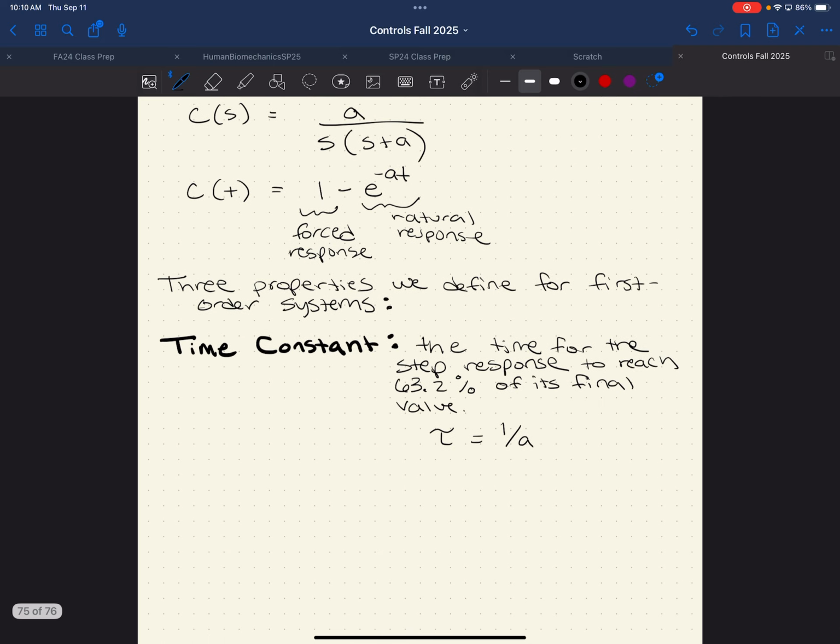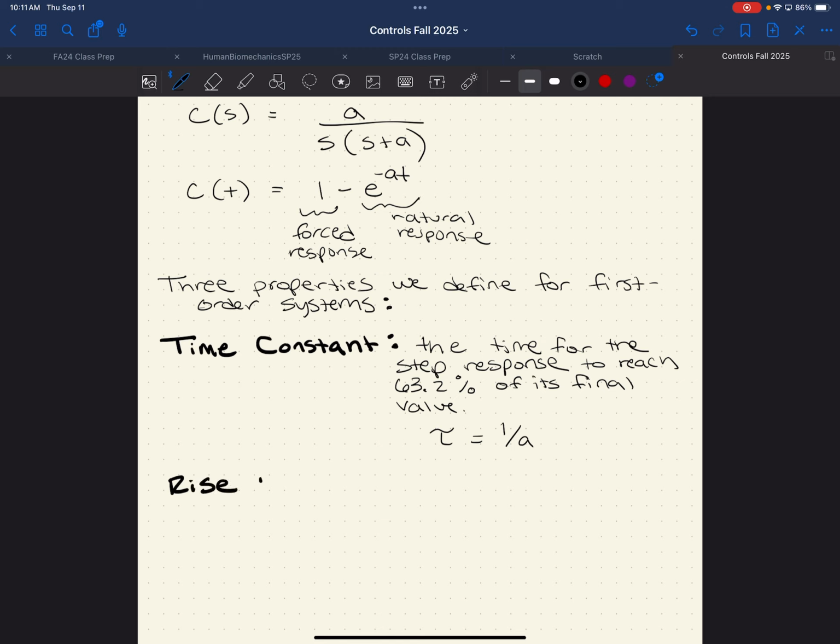The next property is really just a variation of the same property. All 3 properties are just variations on the time constant, but they do define slightly different behaviors or properties of the response. So we also have settling time and response time, or rise time.